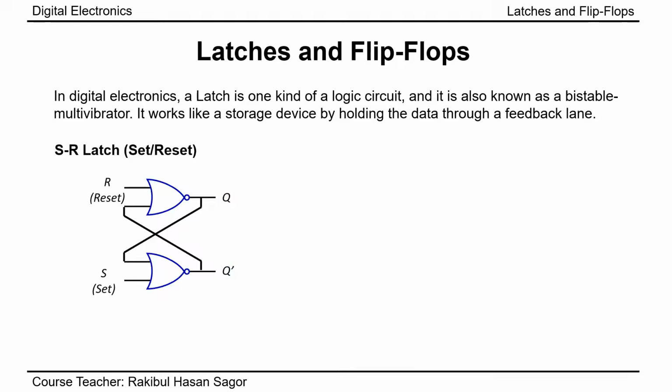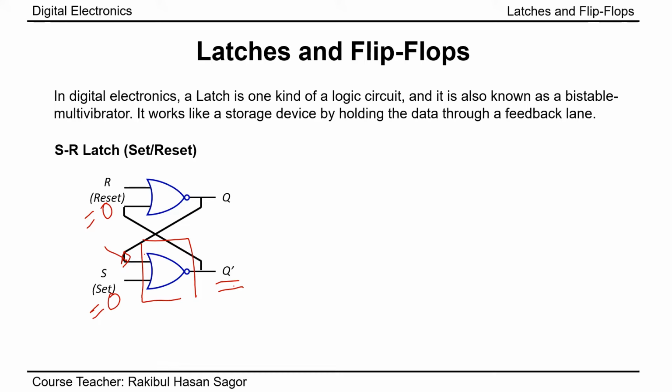Let's describe the operation of the SR latch. At the very beginning, if we take S equal to 0 and R equal to 0, as I told you earlier, if one of the inputs of a NOR gate is 0, unless I know the second input, I cannot predict the current output.